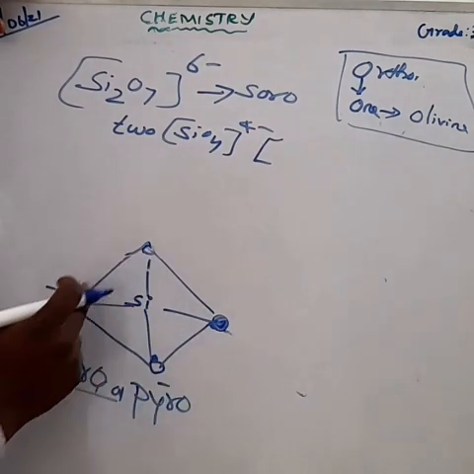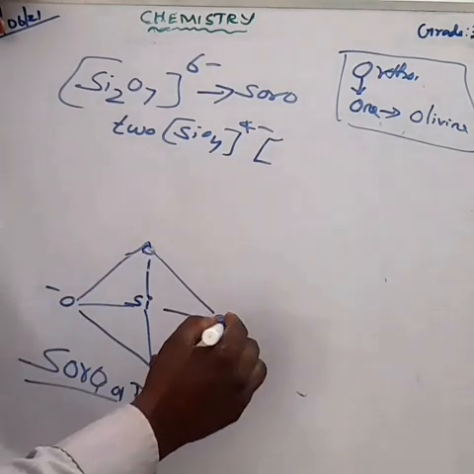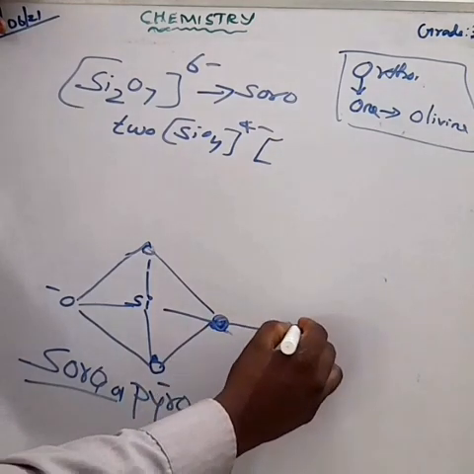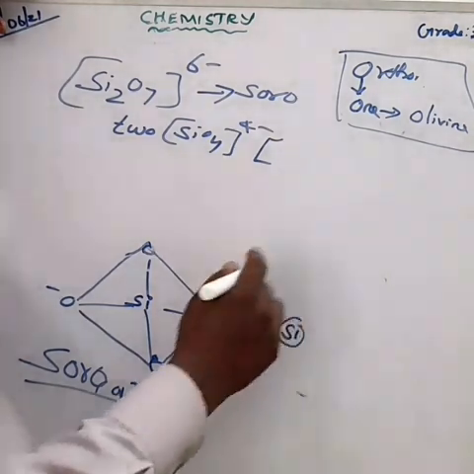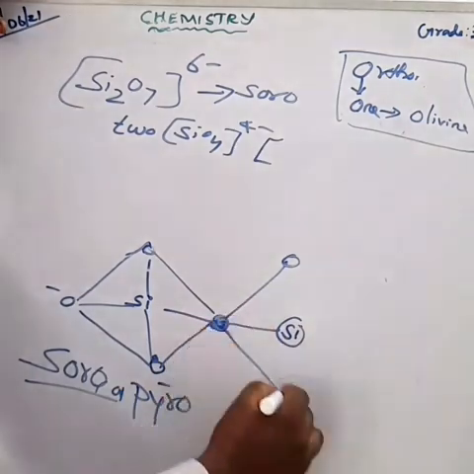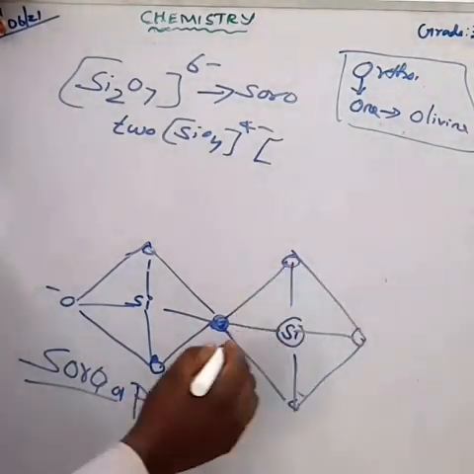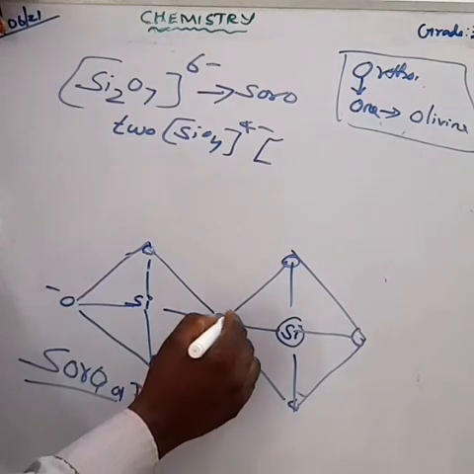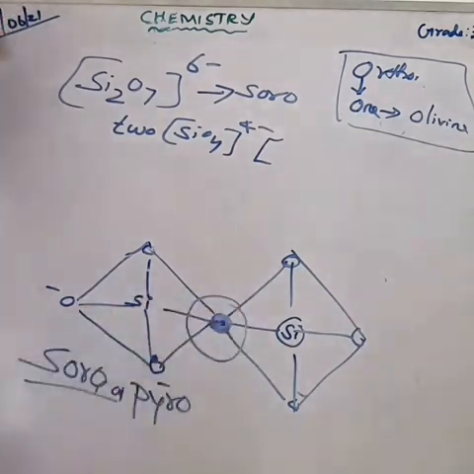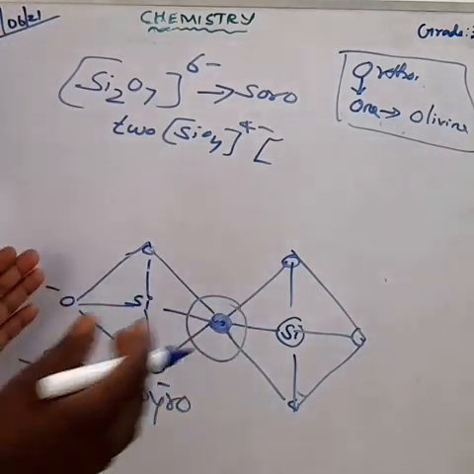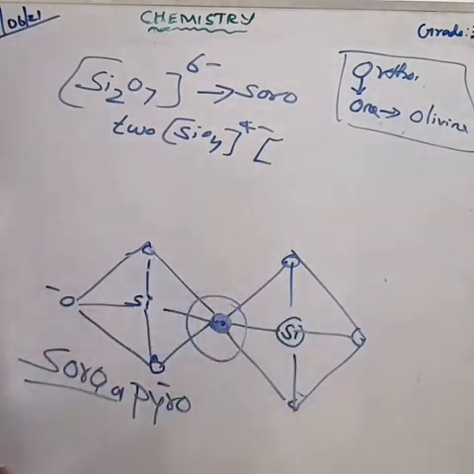1, 2, 3, 4. This is another silicon. 1, 2, 3, join here. So while joining these 2 tetrahedral units, one of the oxygens is removed. So what is the formula here?